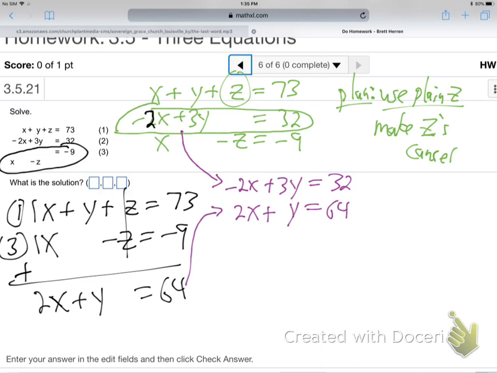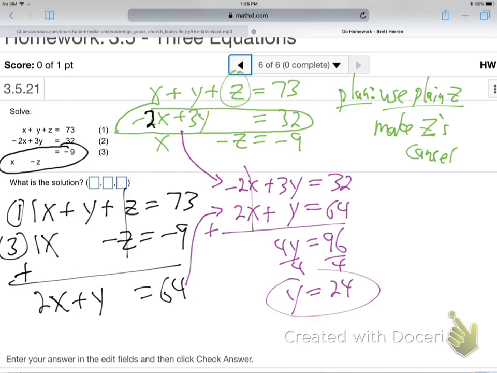All right, so we good there? That making sense? You're finishing up solving for x? And boom. So 4y is 96. Divide by 4. Is y 16? No, it's not 16. It's 24. So we got y. Plug in somewhere where you got x and y and you get x.